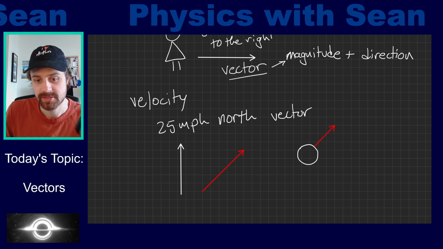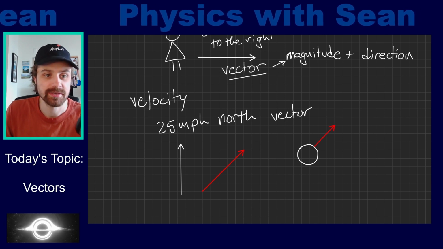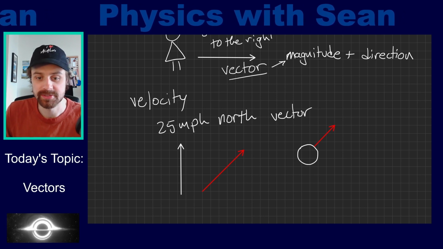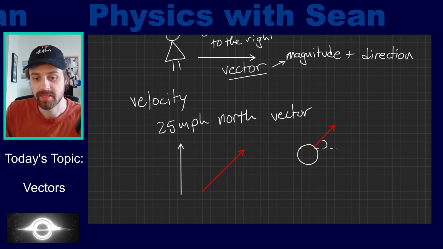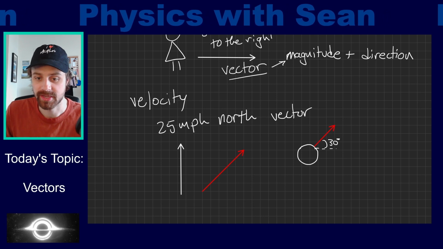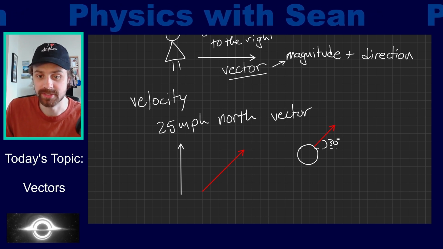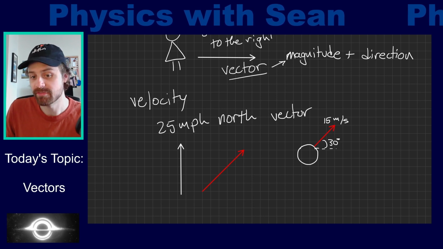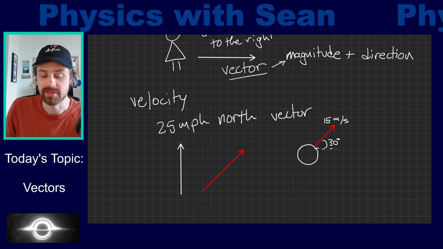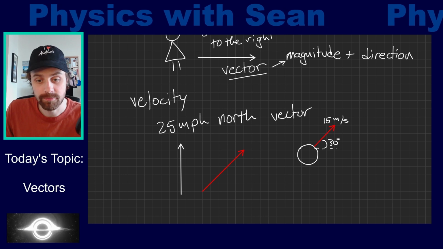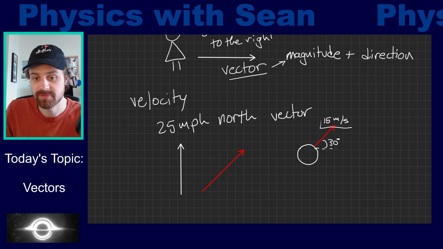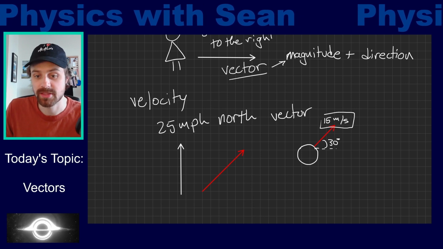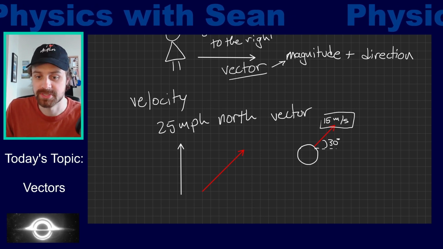It has a velocity going this way at a very specific angle. Let's say that angle is 30 degrees, and the magnitude is 15 meters per second or something like that. We have the information about the magnitude, how much that velocity is, which is the 15 meters per second. We also have information about its direction, at 30 degrees above the horizontal.